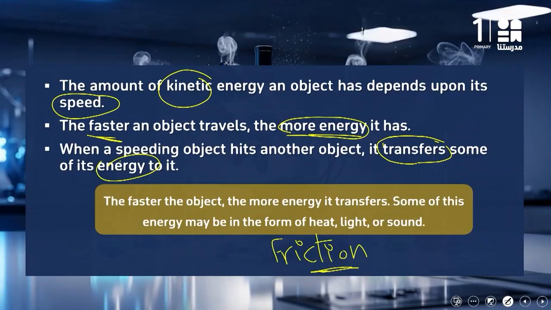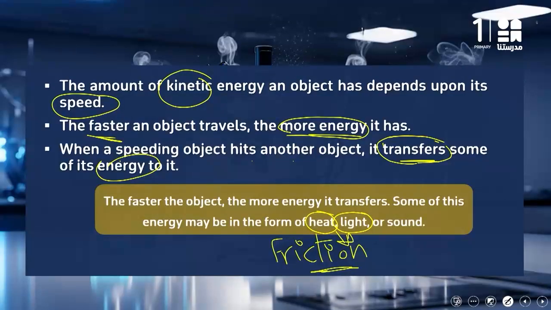So, when two objects hit each other, some of the energy will transfer into the other object in the form of heat or thermal energy as a result of friction. Another type of energy is light. Sometimes after collision, fire will be formed.